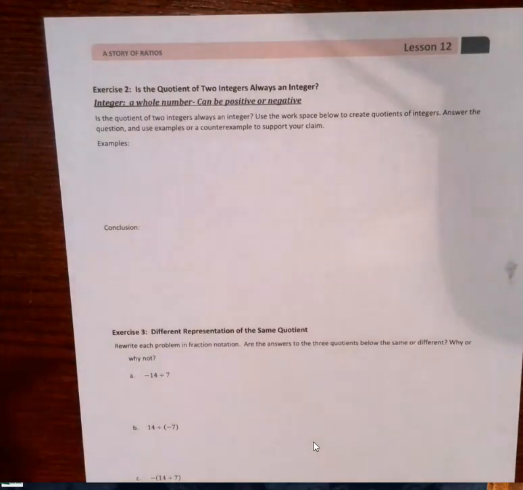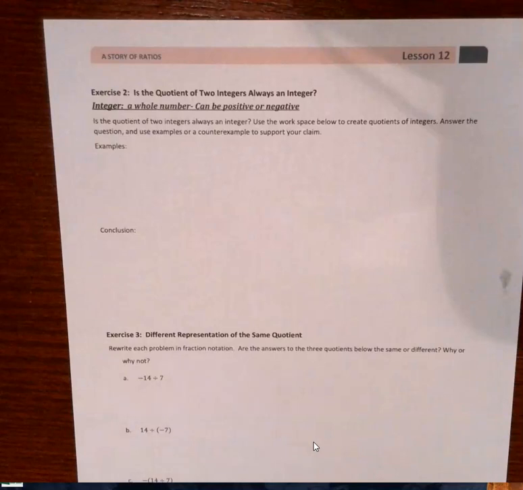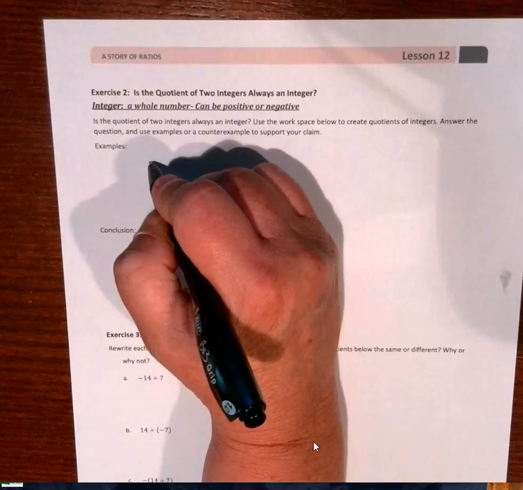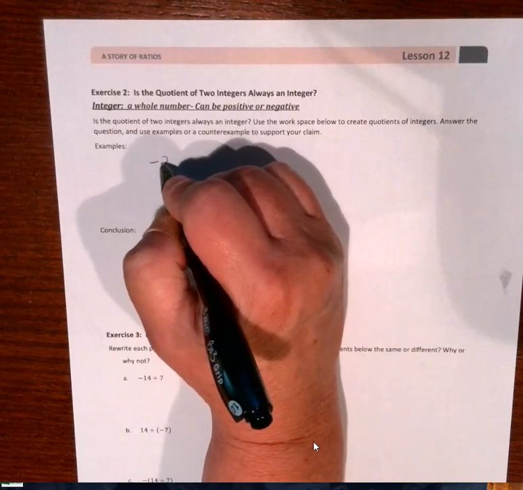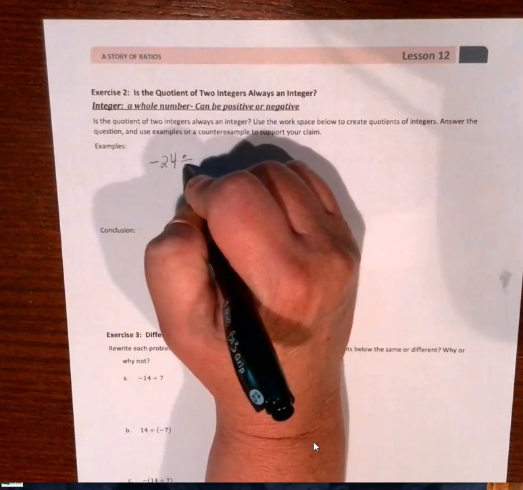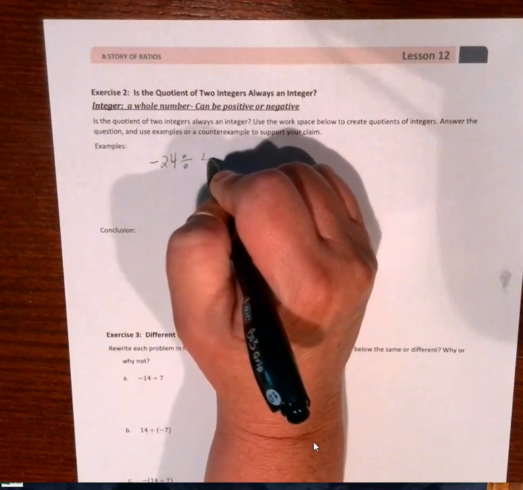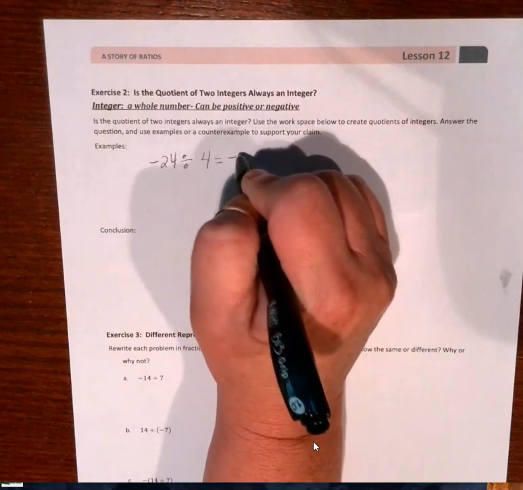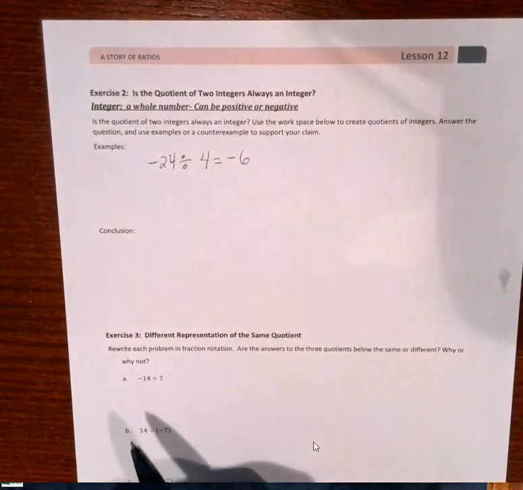Now let's take a look at, is the quotient of two integers always an integer? Well, folks, sometimes you just need to test it and see. So let's use what we've got. Negative 24 divided by 4 equals negative 6.